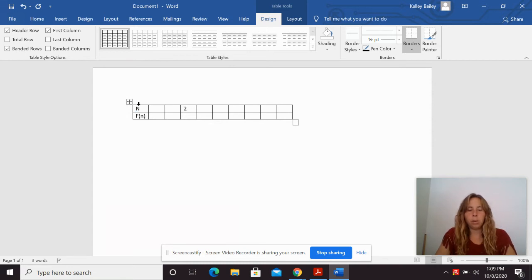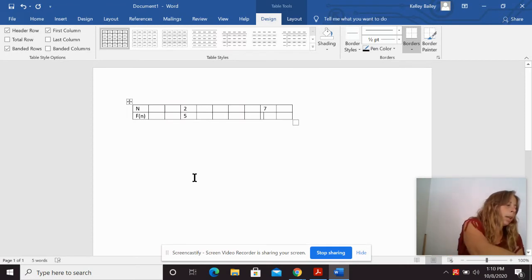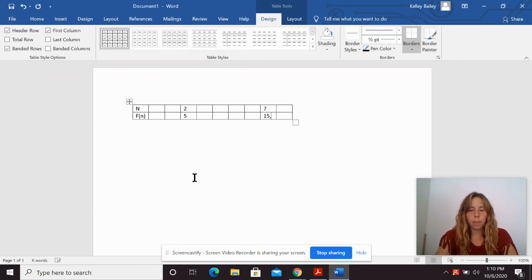When n is 2, f of n is 5, 3, 4, 5, 6, 7. And then when n is 7, f of n is, hold on, I have it written down. Or I have it in the book. All right, 15,625.